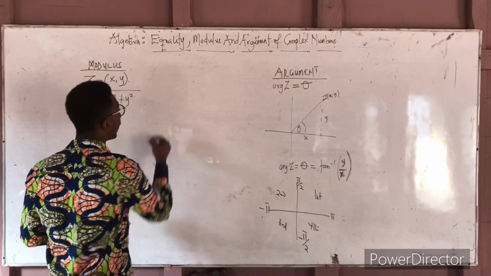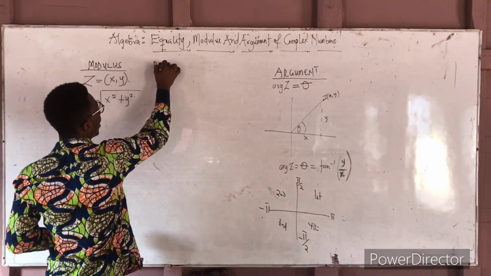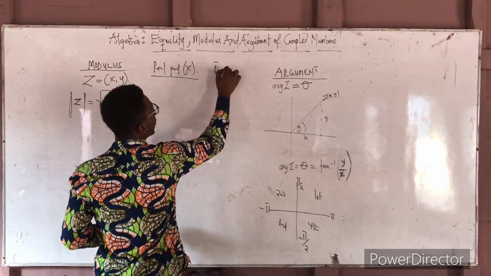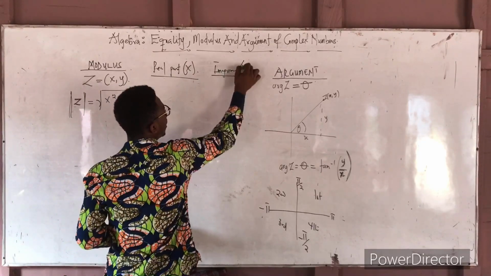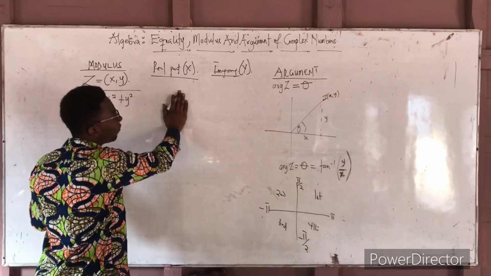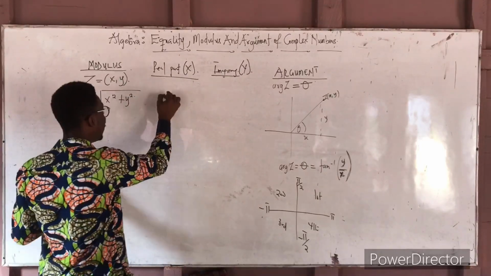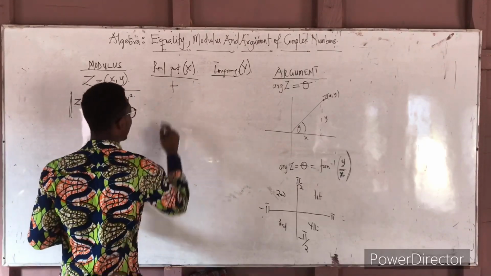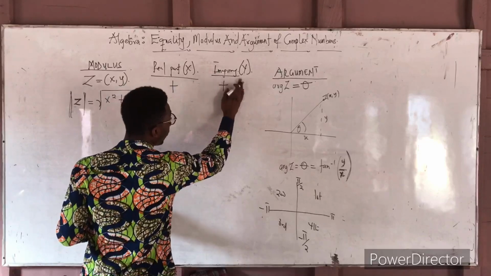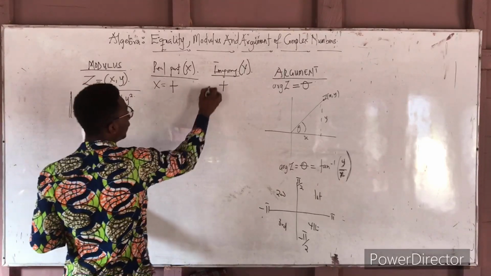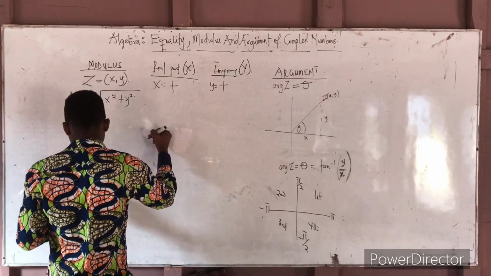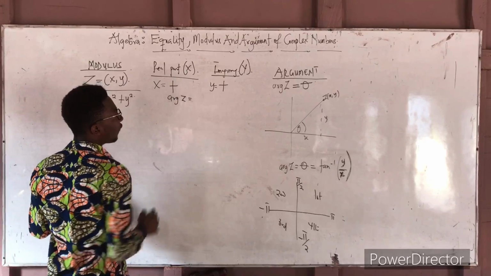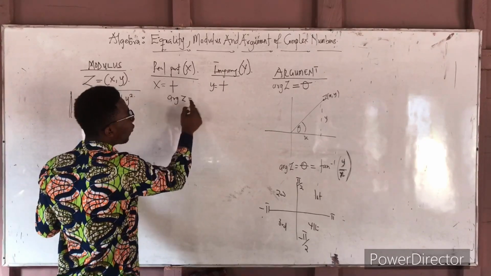So anytime you have the real part, so let's say the real part is here, which is the x, and the imaginary part, which is the y. So anytime you have a complex number with a positive real part and a positive imaginary part, that is to say, the x is positive and the y is positive, then the argument of that particular complex number will fall within what?